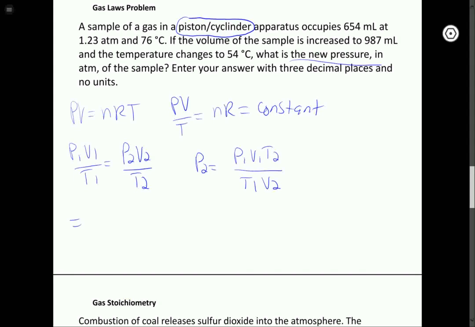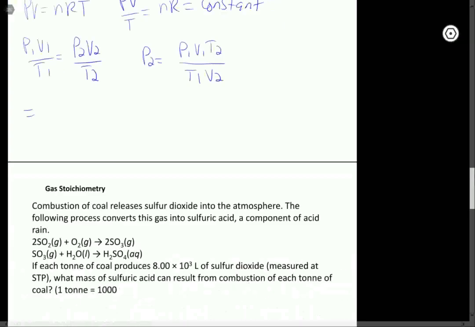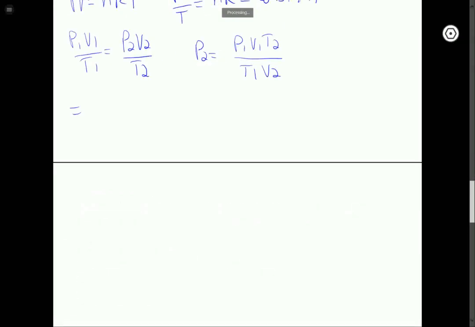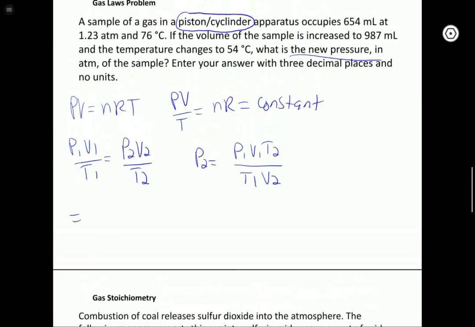So we have to start putting numbers in. For pressure and volume, the units don't matter as long as the two on the top and bottom are the same. Alright, so our P1 in this problem is 1.23 atmospheres.